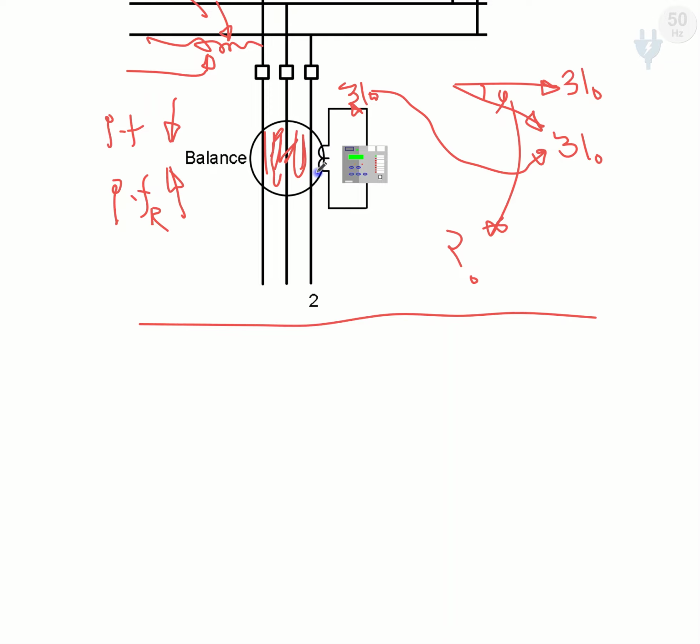For example, we have our core balance transformer installed, and we don't know how much angle we should enter in the setting of this relay, so that the relay understands that this amount of deviation angle due to the air gap or our system configuration will be present.